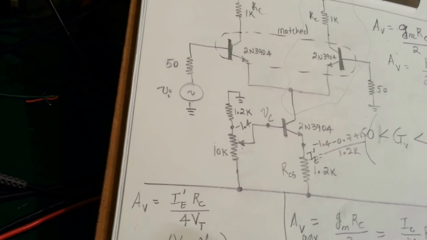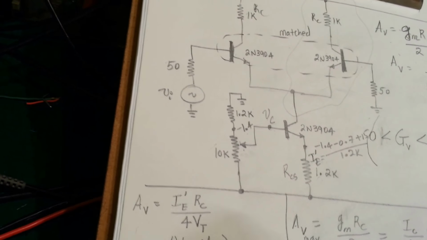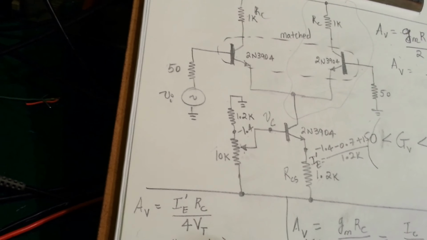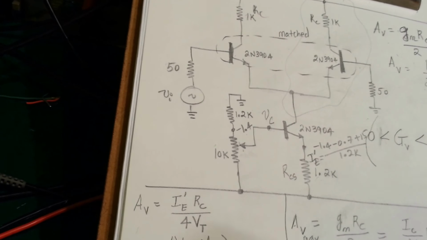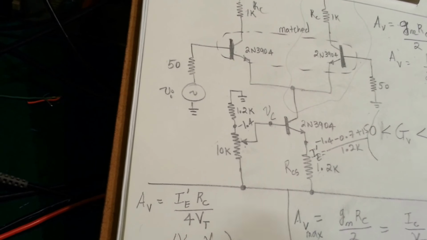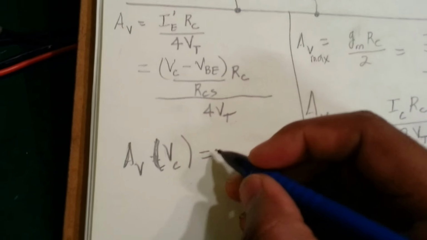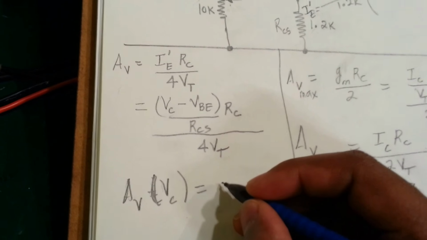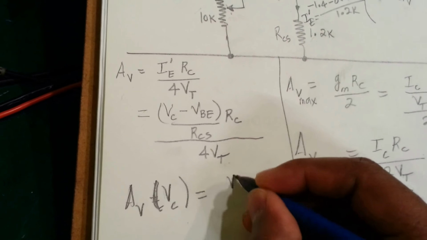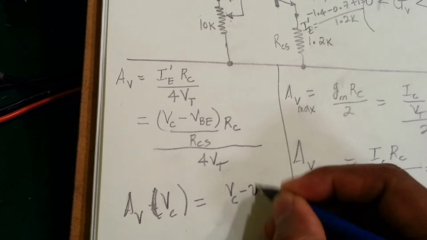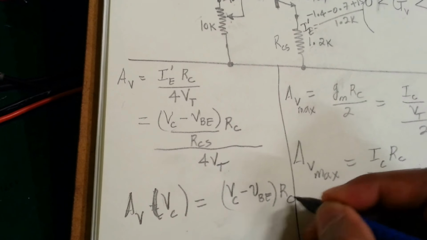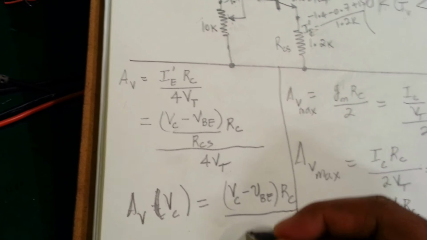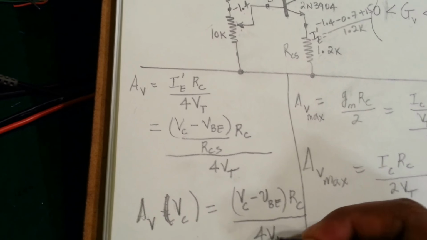So the gain as a function of the controlling voltage, I'm going to call it AV as a function of VC, is equal to VC minus VBE multiplied by RC divided by 4VT RCS.